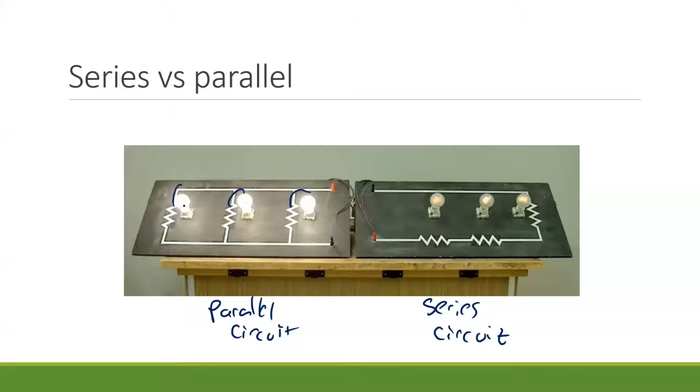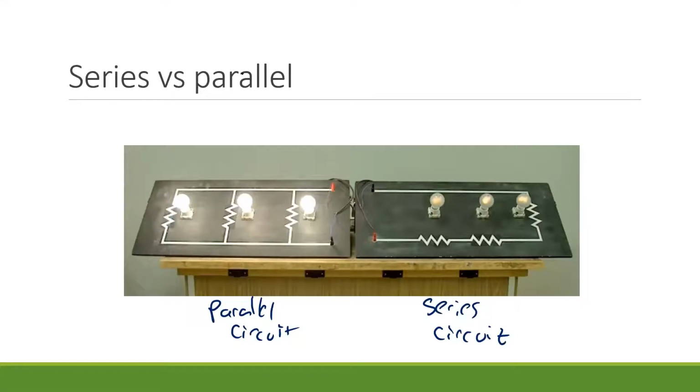Now, can someone tell me the difference between a parallel circuit and a series circuit? One goes constantly and never stops. There's only one way, and the other one has multiple ways. Yep, good. That's correct.